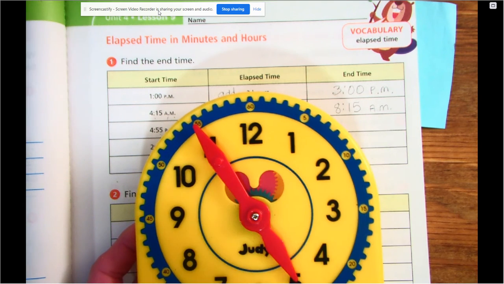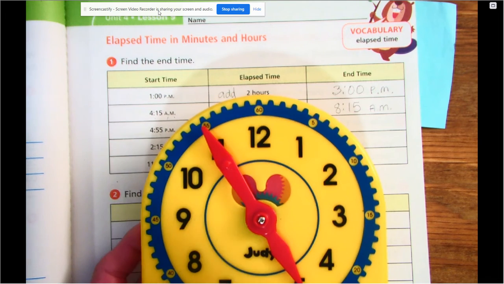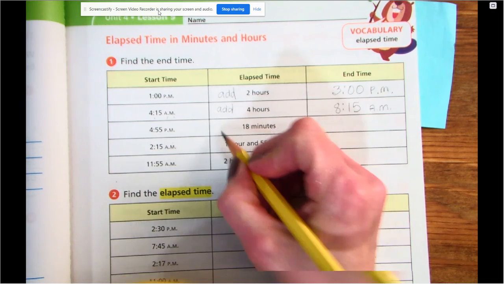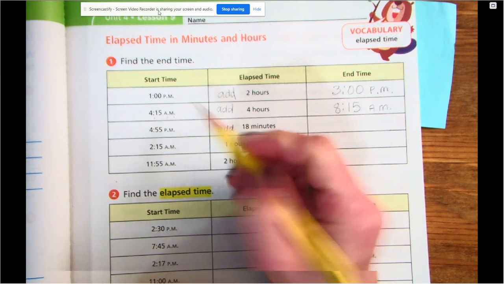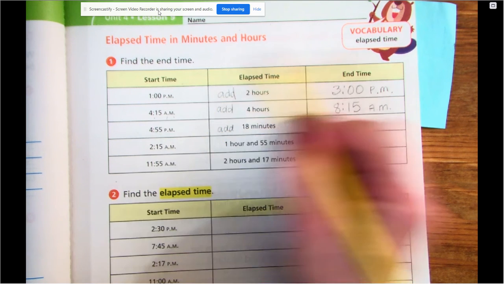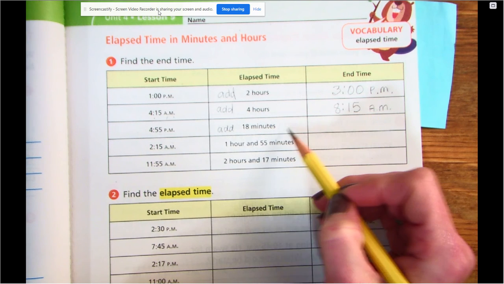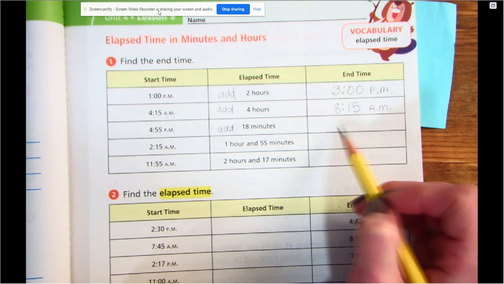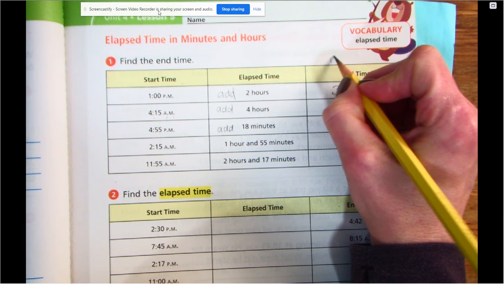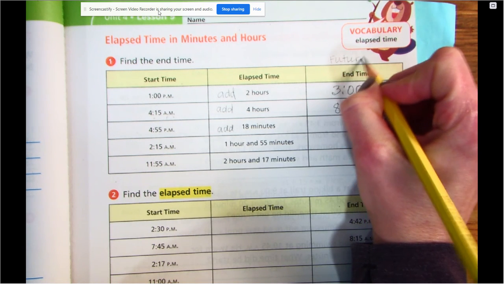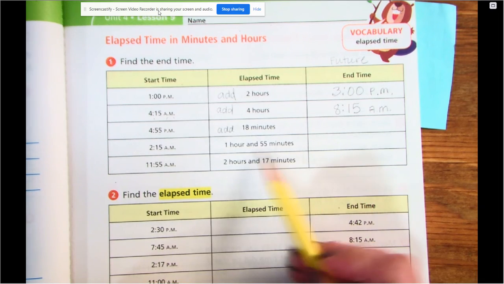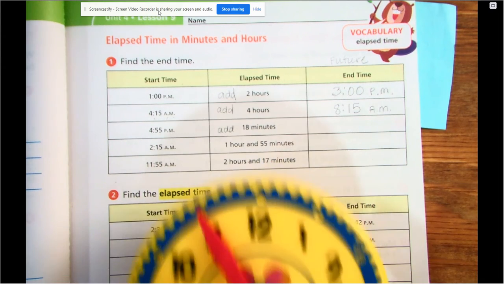So if I need to go 18, I'm going to add, right, 18 because I'm starting at a certain time and I need to find the end time. So I'm going to add because I'm trying to find time. This is in the future. Right, that's the future time. So let's add 18 minutes. Okay.